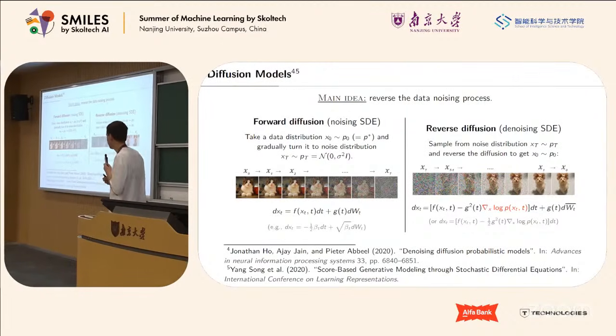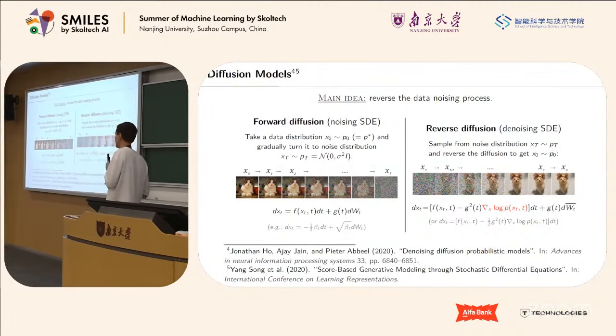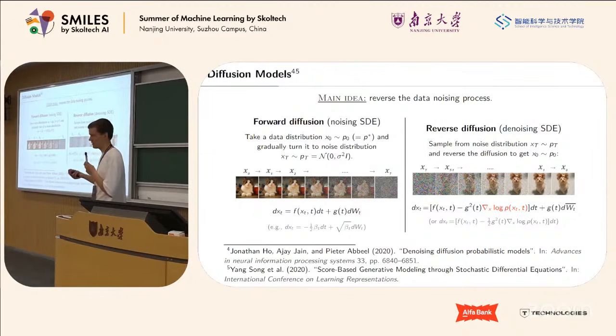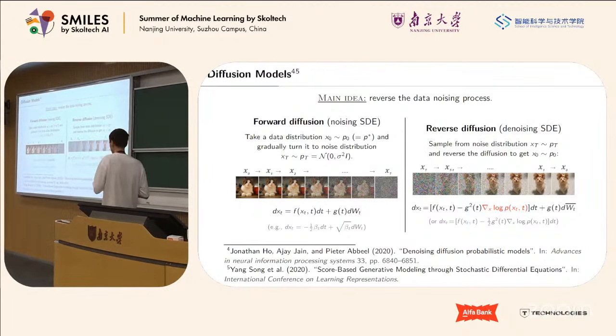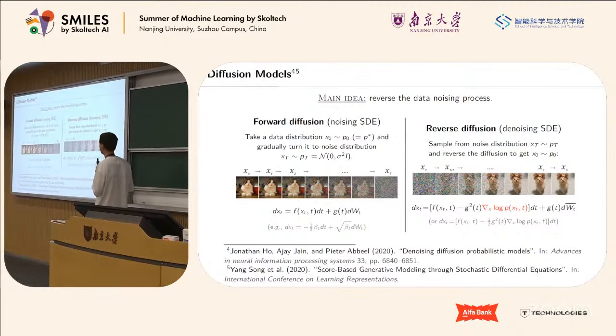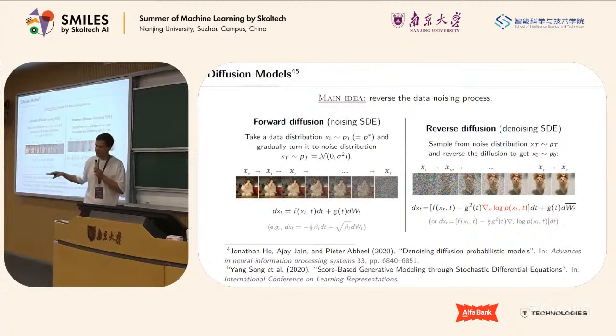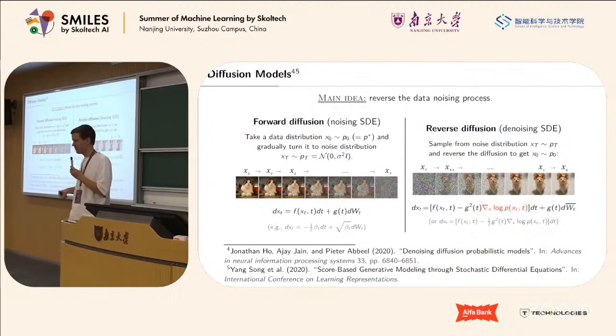The main principle of diffusion models is to reverse this process of data destruction, so that you will be able to take a purely noised sample and then gradually, step by step, denoise this sample.